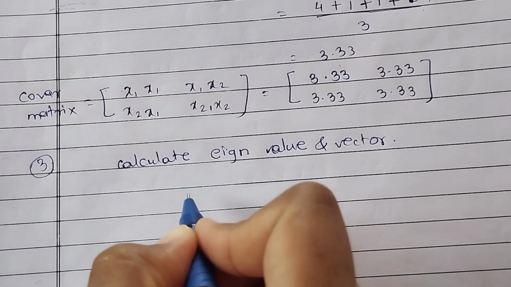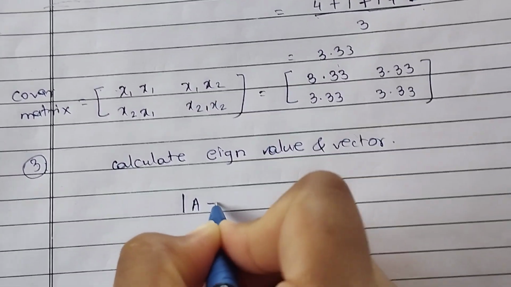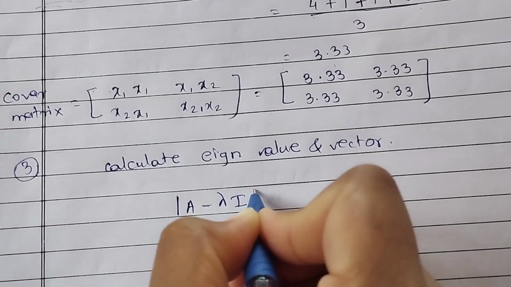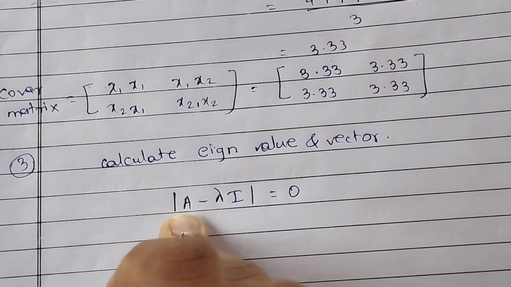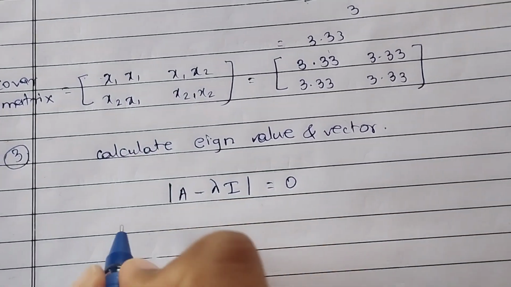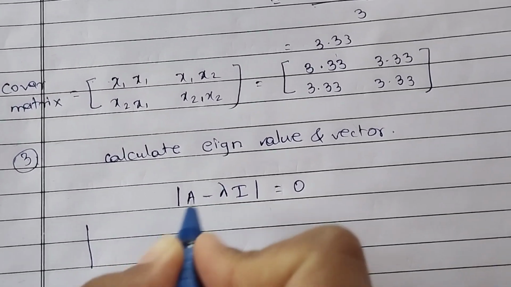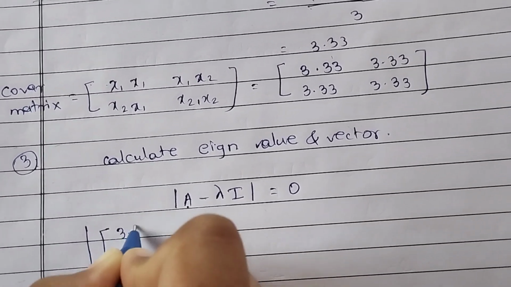For this, the formula is mod of A minus lambda I is equal to 0. Now this A is nothing but the matrix, and which matrix? This covariance matrix. So mod of this A is our 3.33.